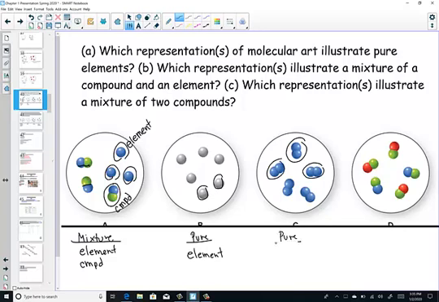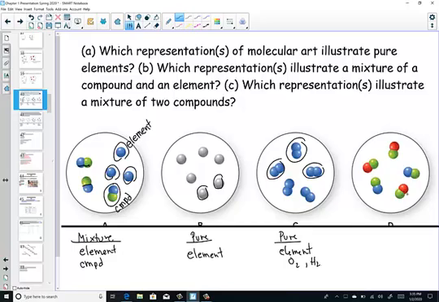It's not a blend of things, but there's only one type of atom. So this is a pure element. Some elements, such as oxygen, hydrogen, exist in nature as diatomic molecules, but since the atoms are still the same, it's still considered an element, one kind of atom.